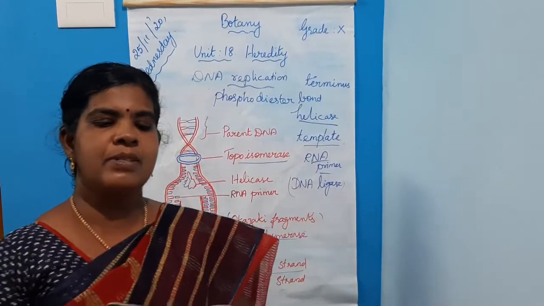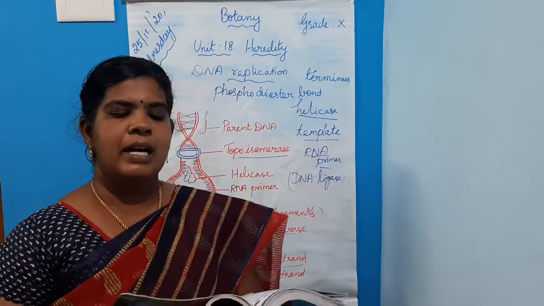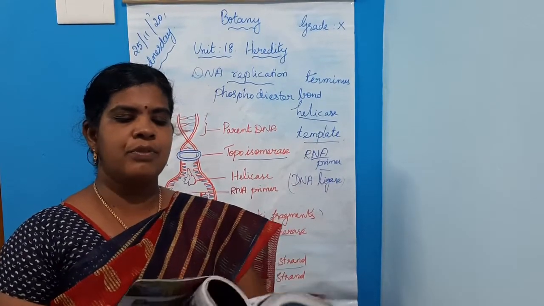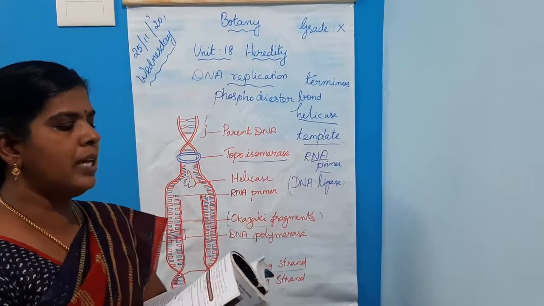Next question, value-based question, Roman number 9, first one: under which conditions does the law of independent assortment hold good and why?